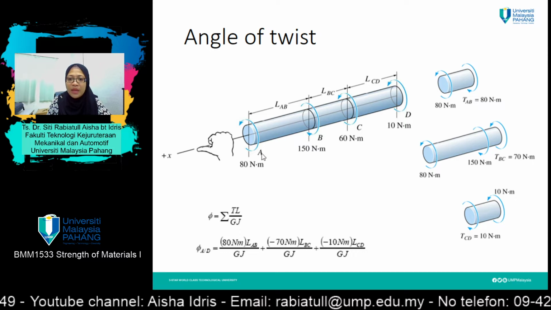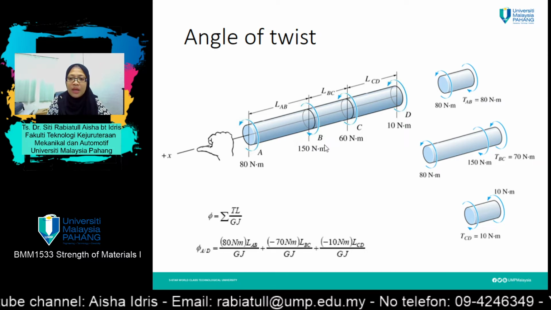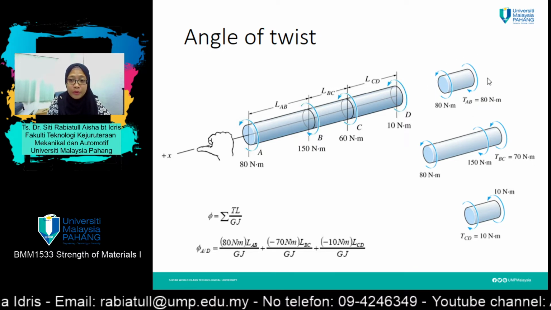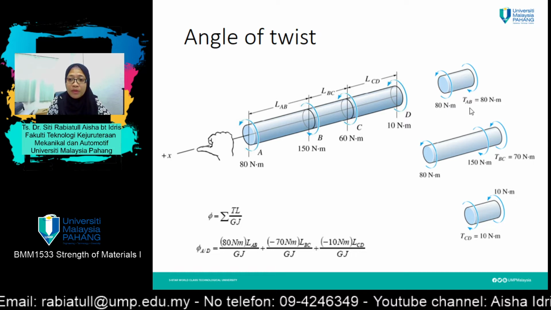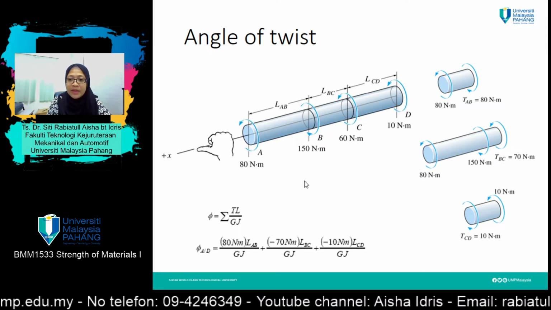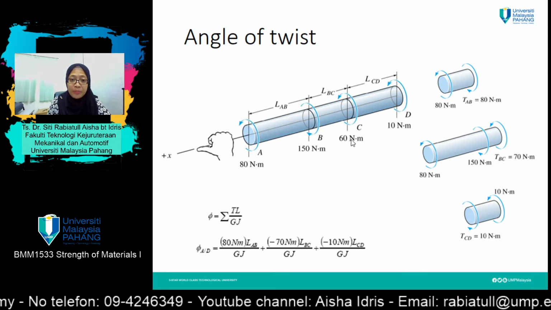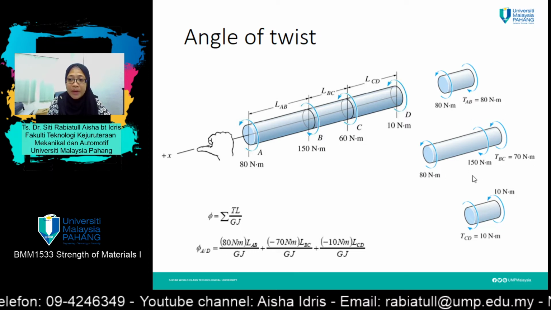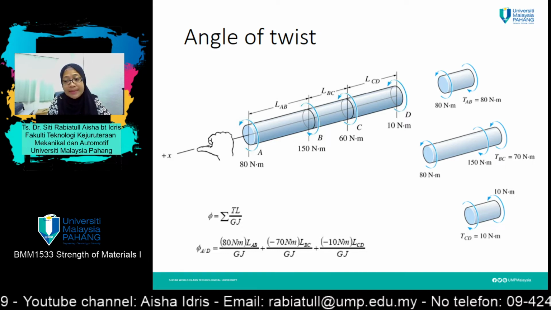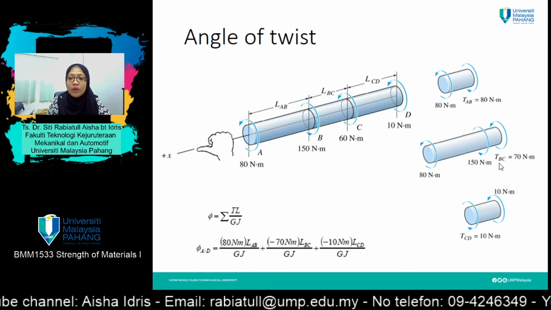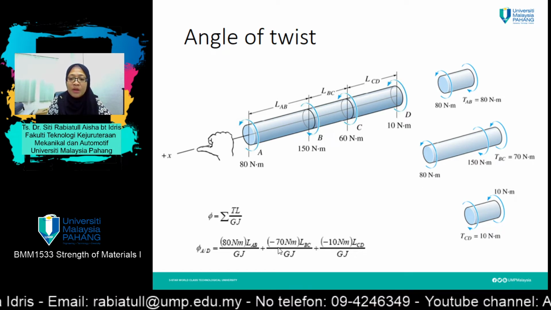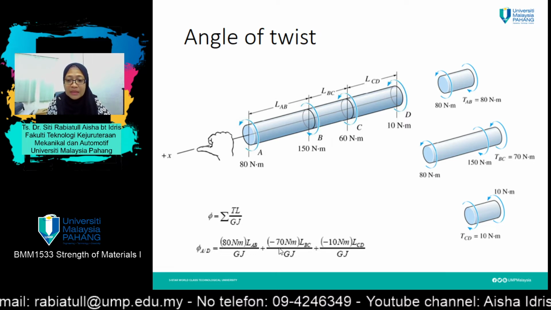Cutting from A to just before point B, you get this free body diagram where the torque acting on AB equals 80 Newton meter. After that, cutting from point A until before point C, we find the torque acting on BC, and you get T_BC equals negative 70 Newton meter.